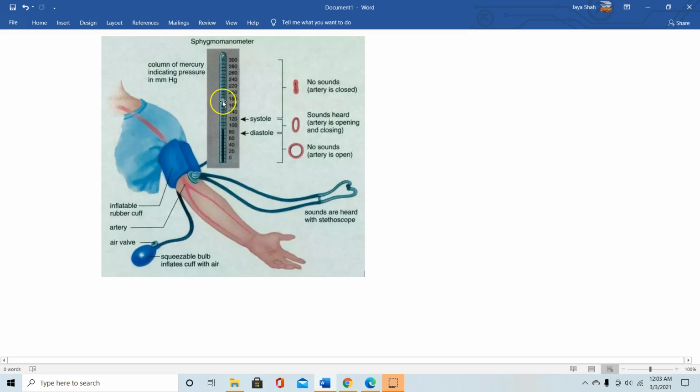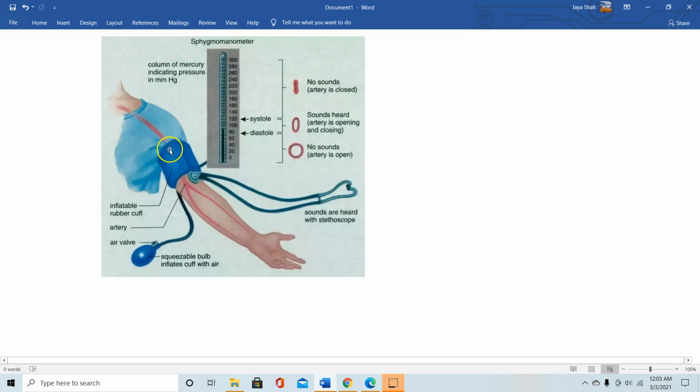If you don't hear any sound, that means the artery is completely closed. Once you reach around 120 in a normal individual, you hear the first sound of blood flow, because the pressure in the artery is more than or equal to the pressure in the cuff which you have created.